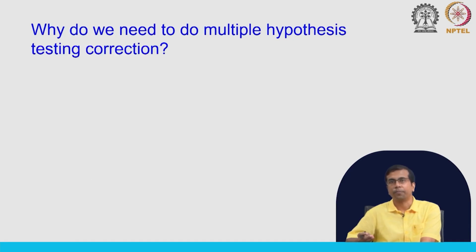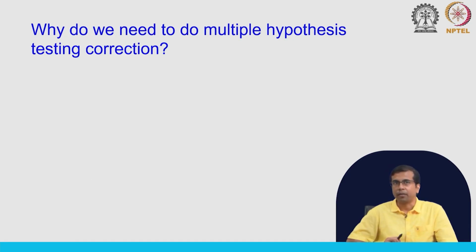Now, the question is, of course, why do we need to do multiple hypothesis testing correction? As the name suggests, when you are testing a large number of hypotheses, you should do this correction. And by the way, this is not just applicable for differential gene expression analysis, or to biological or medical science; this is applicable everywhere.